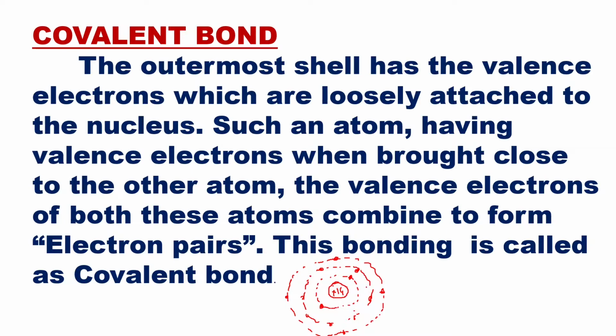Now, this is one atom. If you combine many such atoms, the pattern will look like this: you have one atom here, then one atom here, then another here, and another here. Each atom will have its 4 valence electrons: 1, 2, 3, 4.